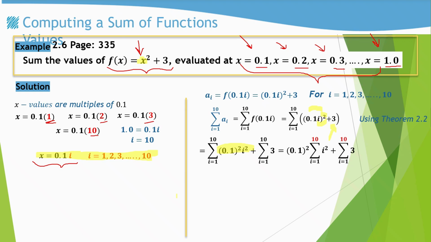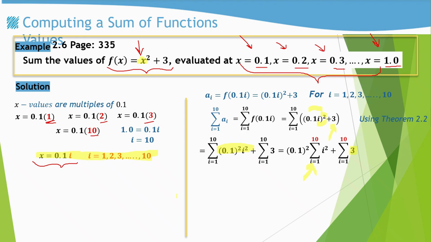Now, do you remember the formula? Sum of the squares of the first n positive integers. Here you have 1 to 10, so n value will be 10. And what's the formula? Yes, n times n plus 1 times 2n plus 1 over 6. Here 3 is a constant.